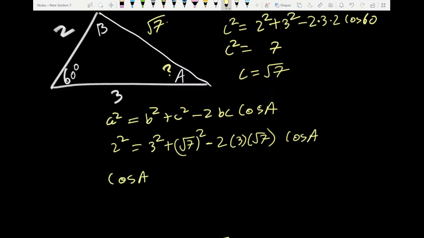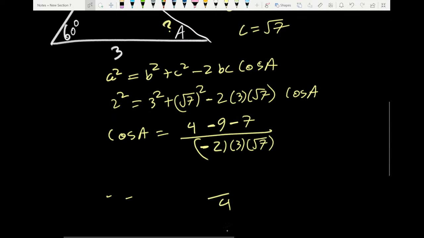So cosine of A equals 4 minus 9 minus 7 over minus 2 times 3 times square root of 7. Let me make sure of that.